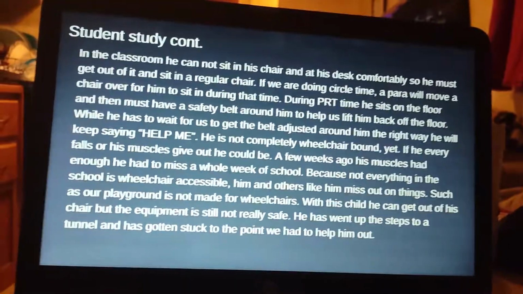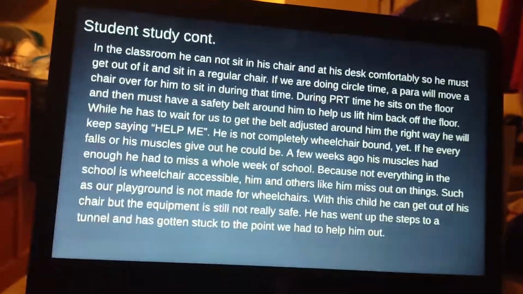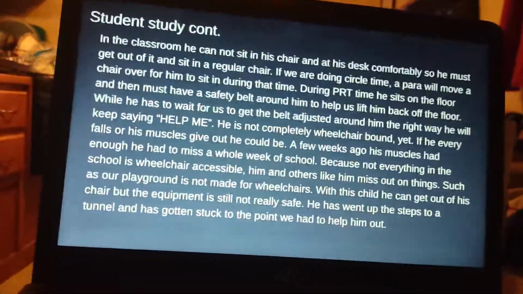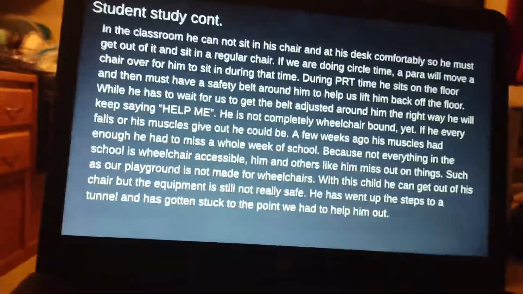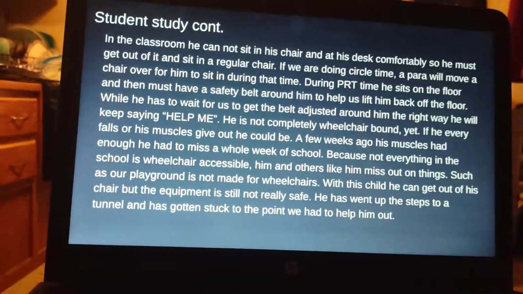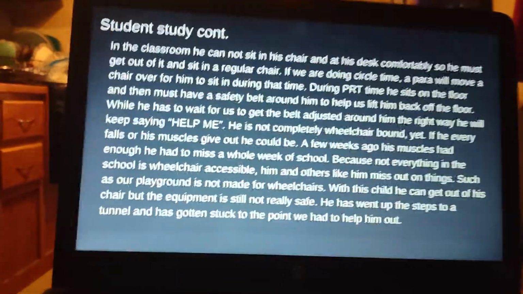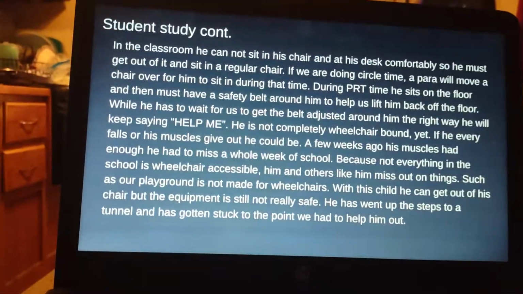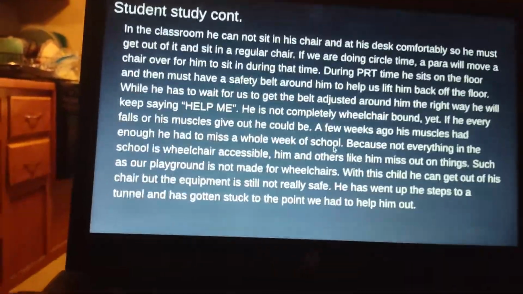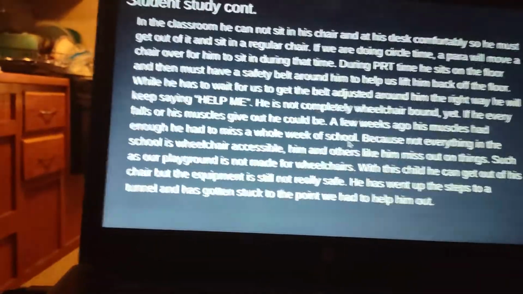So we have to actually try to adjust to walk with him with the wheelchair in front of him. So if he needs it right away, he can just sit down. So we made it about halfway through the zoo, and his muscles just gave out to the point he was hanging onto a wall and finally agreed to sit down in it. This can be so hard for a student that just wants to be like everyone else.